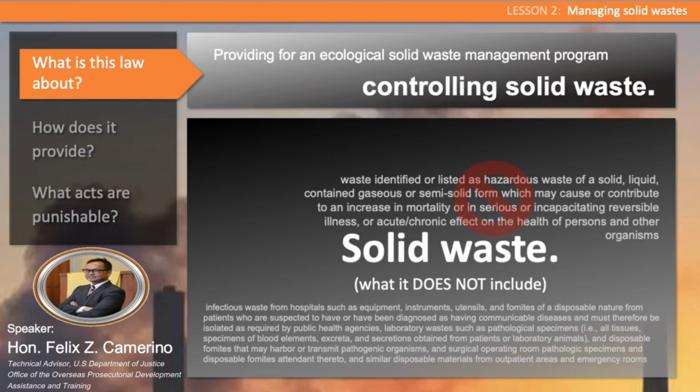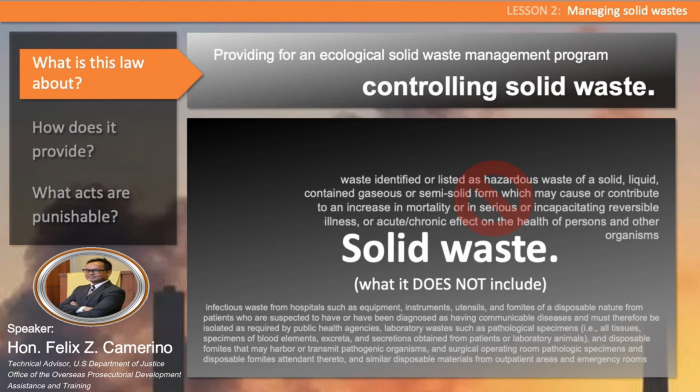Like for example, COVID patients, I guess the instruments that are used on COVID patients, when those need to be disposed, they don't just throw them in the trash can. They need to be disposed of differently, and that different means of disposal is not included in this ecological solid waste management program.